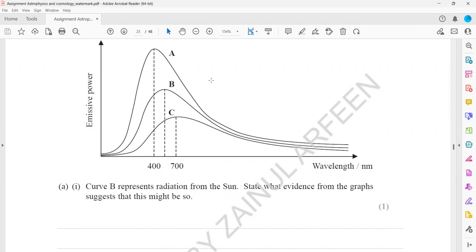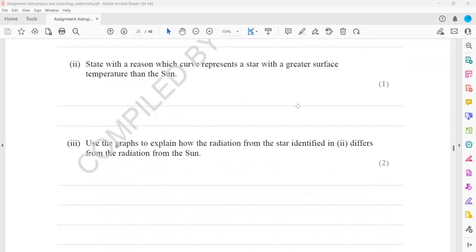A has its peak in the violet or ultraviolet region, so it will give mostly ultraviolet, violet or blue. But B, which is the Sun, mostly gives visible light. It has a high temperature and high power output, and it will be much brighter if they are the same distance from the Earth.